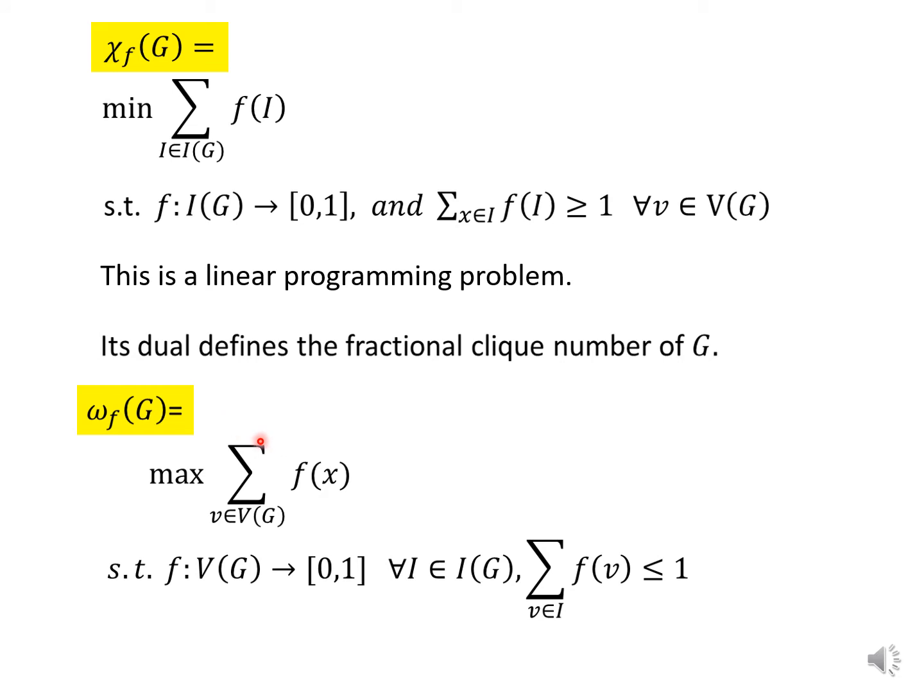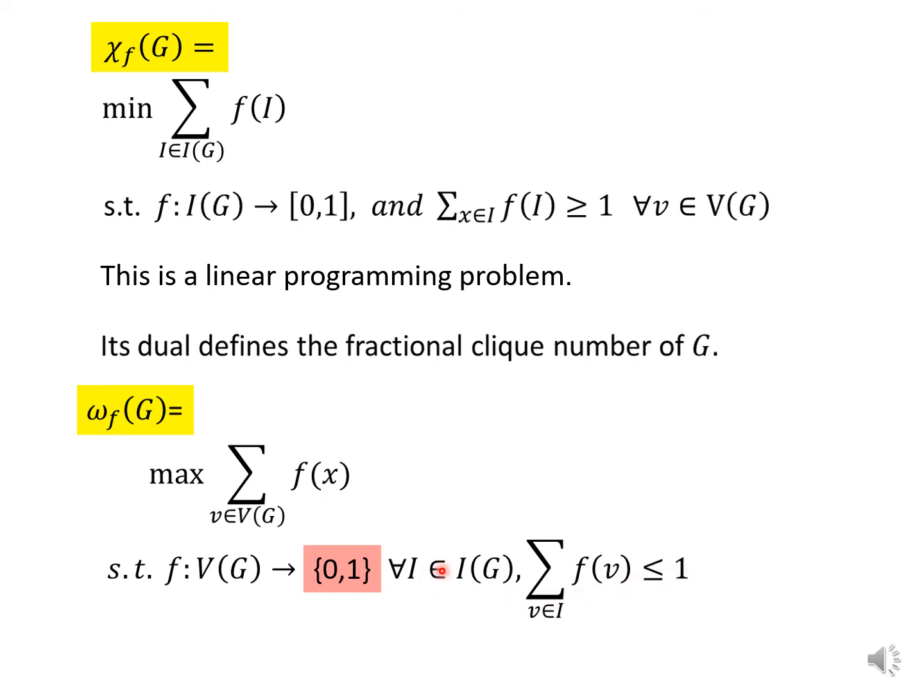Okay, so this assigns weights from the interval [0, 1]. If instead the weight of each vertex is either 0 or 1, then what is that? That is a selection of vertices of G, right? Those vertices mapped to 1 are selected, those mapped to 0 are not selected. Then what is this constraint? This constraint says that each independent set contains at most 1 selected vertex.